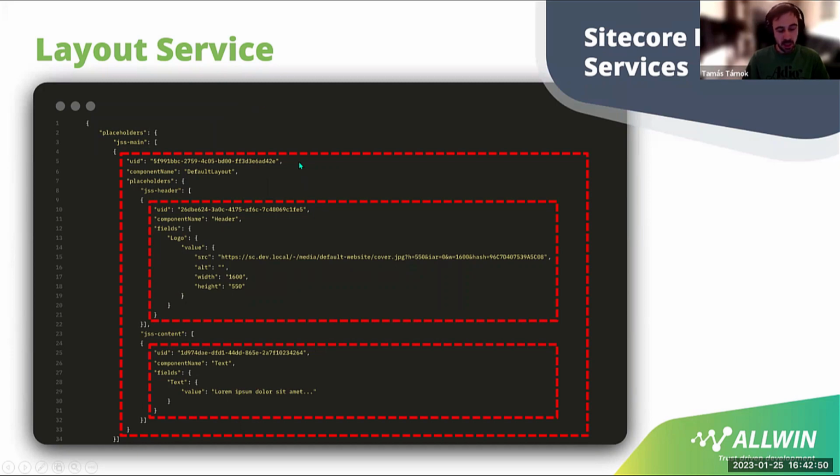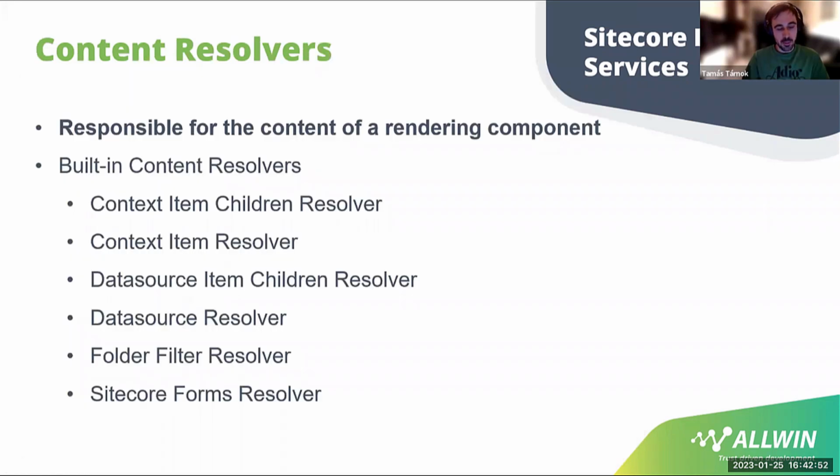So yeah, that's about the layout service. And you may ask how this actual JSON response is put together by Sitecore. One of the key components of it is content resolvers. This is basically telling the rendering item on a page what kind of content needs to be included.